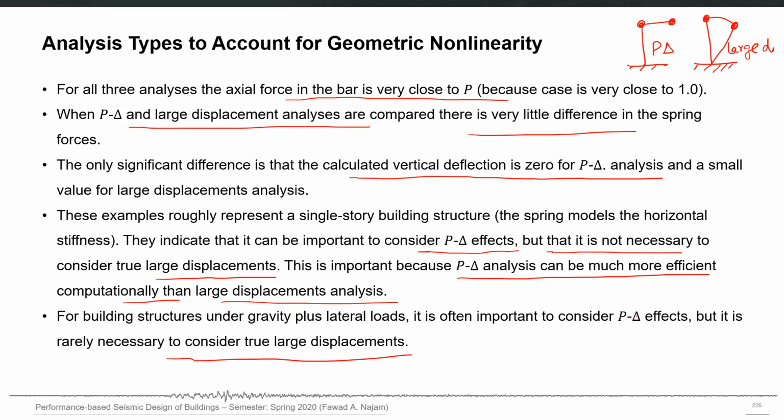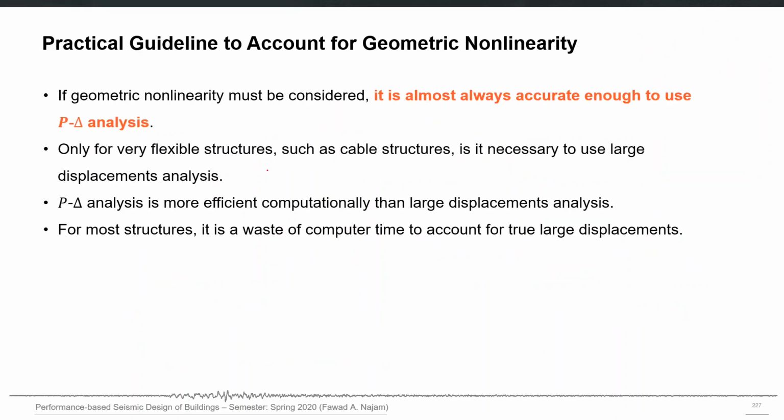So most of the times your geometric nonlinearity effects will be accounted using P delta analysis or P delta effects, in which the equilibrium is considered in deformed position and the compatibility relationships are considered linear. So the practical guideline to account for geometric nonlinearity is that if geometric nonlinearity must be considered, it is almost always accurate enough to use the P delta analysis.